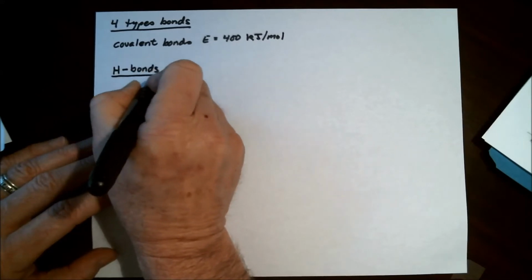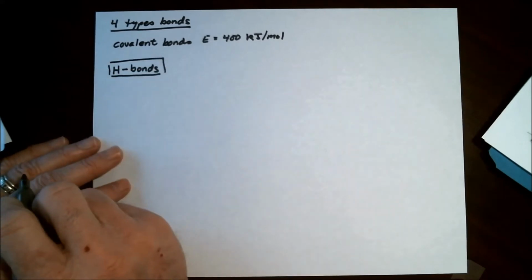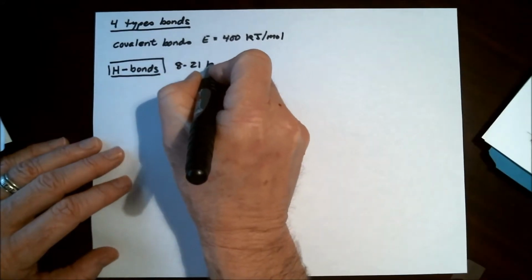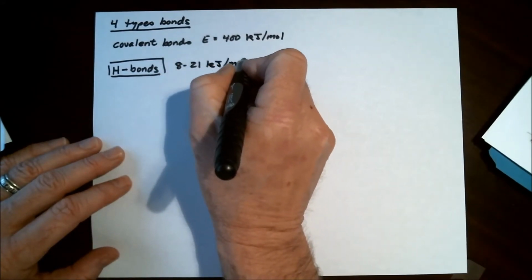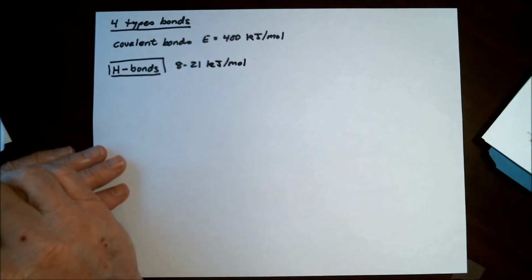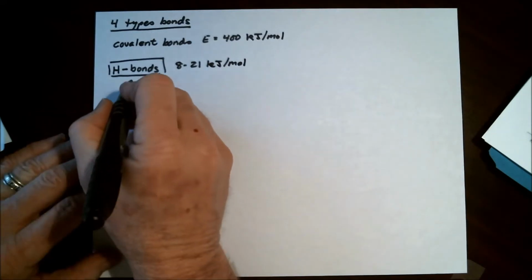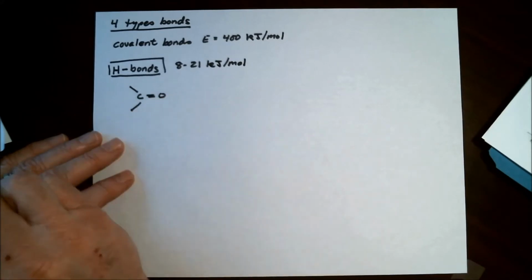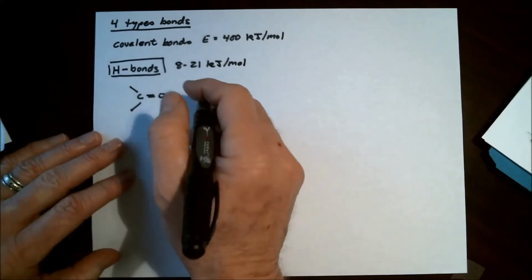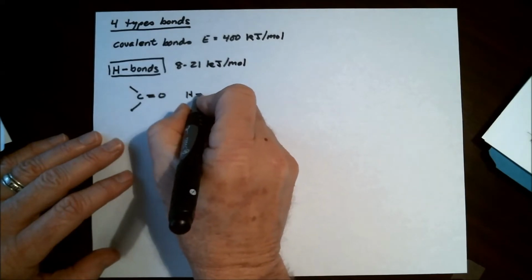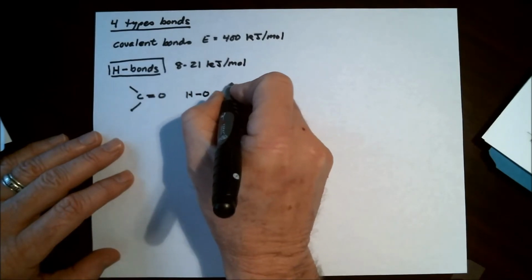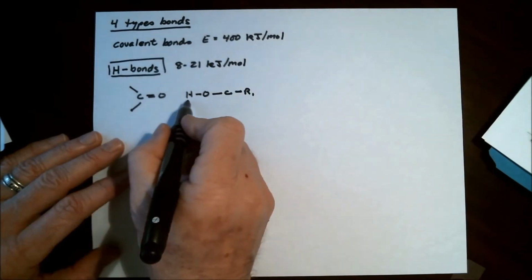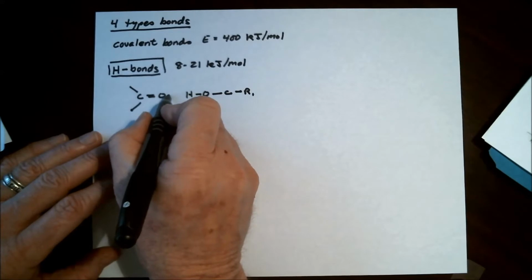The first one are hydrogen bonds. Hydrogen bonds have an energy of 8 to 21 kilojoules per mole. And these are very fleeting transient interactions. So for example, one type of hydrogen bond is the bond of an alcohol group with a carbonyl.